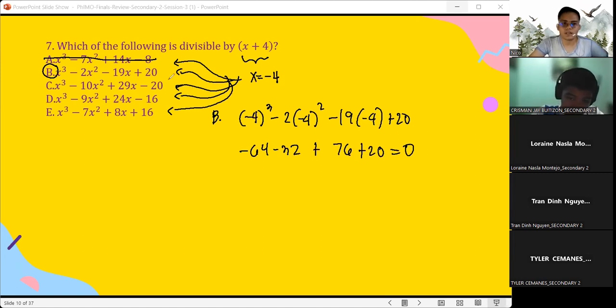When you tried it on B, it's correct. But I didn't continue on the other questions because I already saw letter B to be the correct answer. But if some of you continued checking C, D, and E, and it's also correct, tell me. So maybe there's more than one answer, right? But that's probably okay.